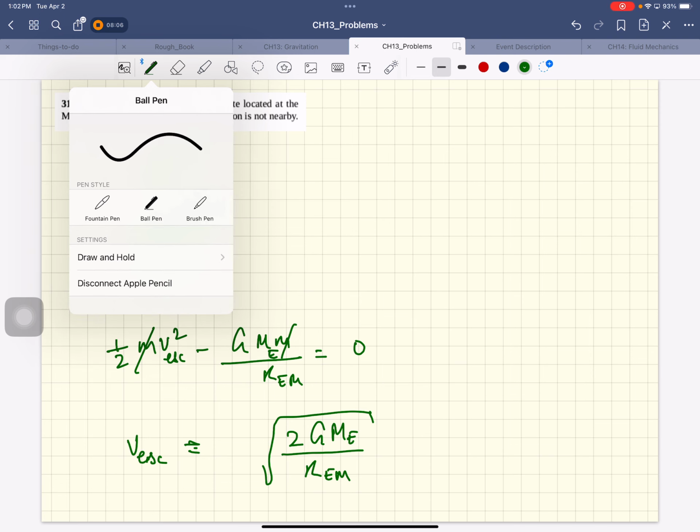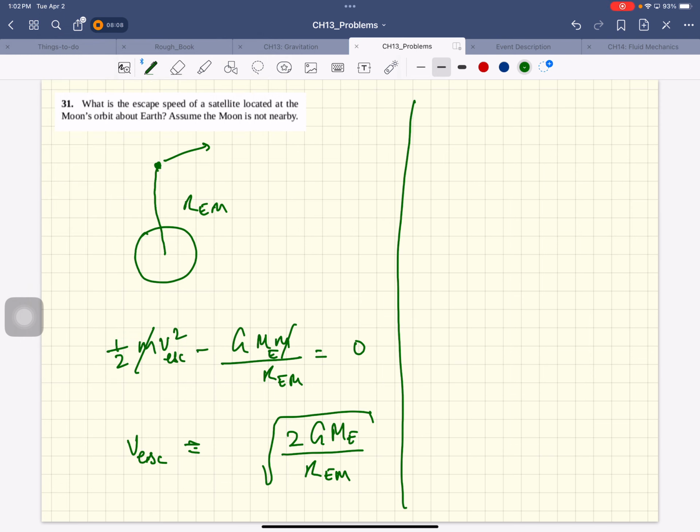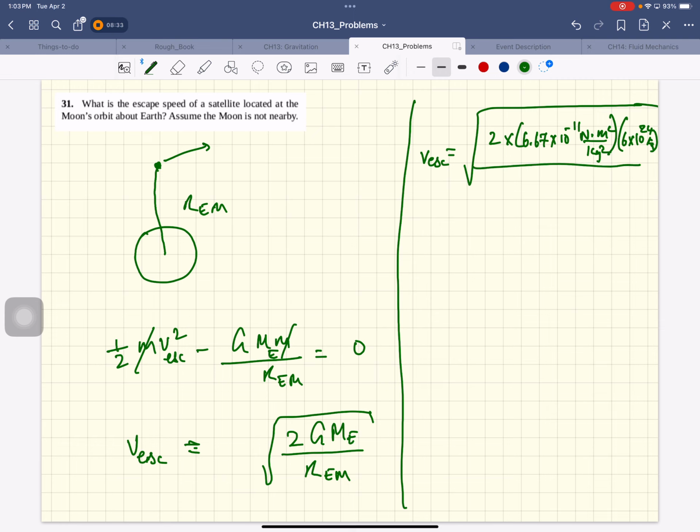All right, so now let's put in the numbers. Mass of the Earth is 6 times 10 to the 24 kgs. And Earth-Moon distance, so we'll have to look that up.